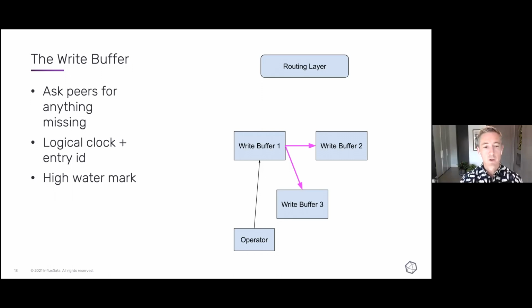Once they've synced that, they have a high water mark, which is basically whatever the logical clock value is that they've agreed on. And when you do those consistency checks, you only have to check the entries that came in since the last high water mark. So however frequently you want to do those checks, they're decoupled from the process of actually receiving the writes into the system.